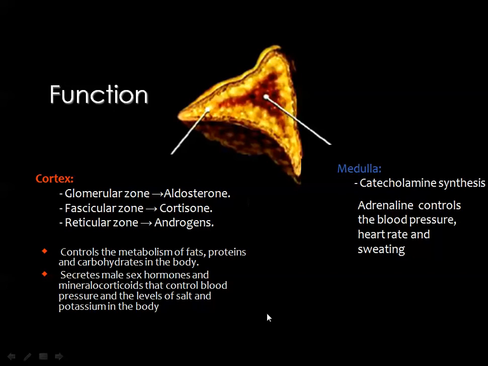The cortex has the function to secrete aldosterone, cortisone, and the androgens, while the medulla is concerned with the secretion or the synthesis of catecholamines, especially the adrenaline, which controls the blood pressure, the heart rate, as well as the sweat glands.